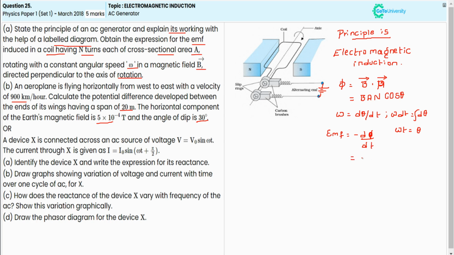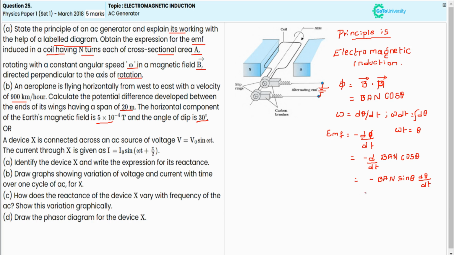Substituting the values, it is minus d by dt of B A N cos theta, which is equal to B A N sin theta into d theta by dt.